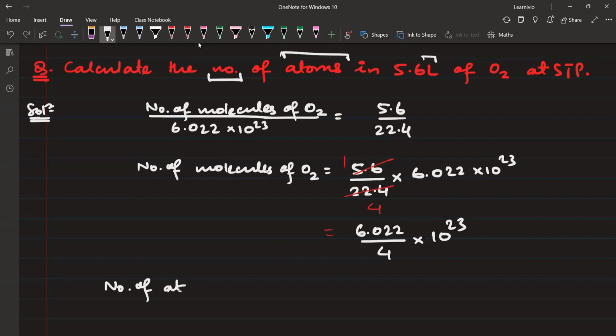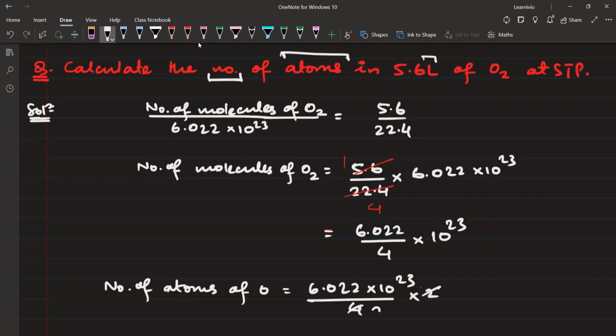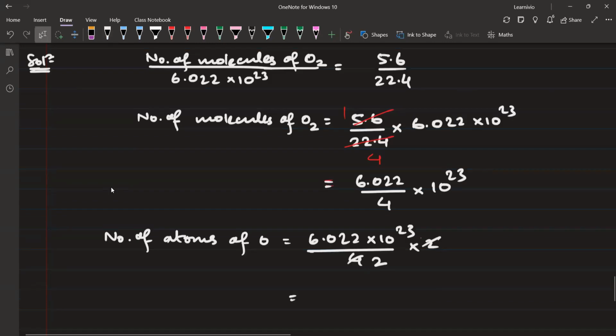One step more. The number of atoms of oxygen will be equal to 6.022 into 10 to the power 23 divided by 4 multiplied by 2. So this will cancel out, and then you can easily write the answer: this will be equal to 3.011 into 10 to the power 23.